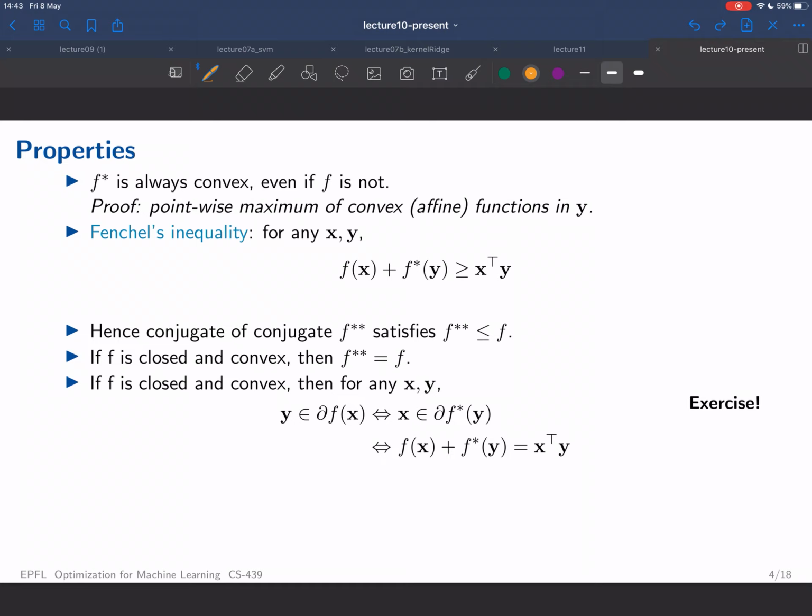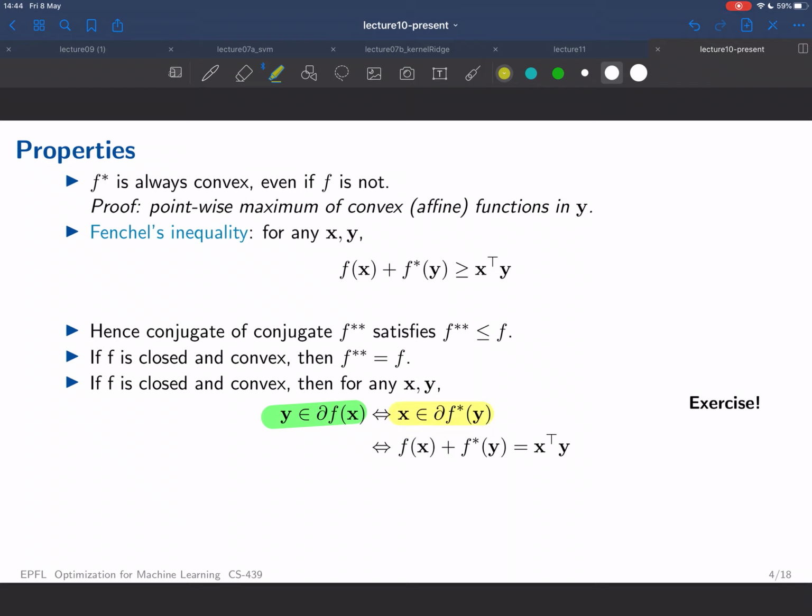And this is actually also super useful with the convex conjugate. You see this concept of subgradients also directly allows you to relate this Fenchel inequality or equality, and to relate the f to the conjugate. In which sense? It's super elegant in the sense that if y is a subgradient of f at x, then it's exactly the same thing as x being a subgradient of the conjugate at y.